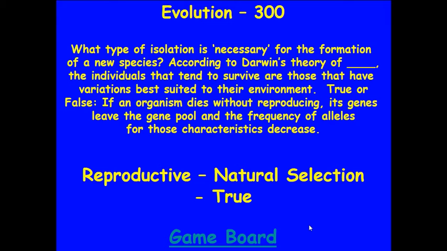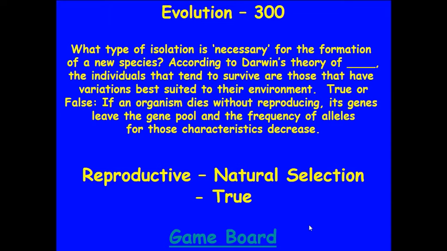Darwin's theory of natural selection indicates that individuals tend to survive if they have the best variations suited to their environment. And then, of course, over many, many generations of natural selection acting on these good characteristics, and acting on the bad ones by not allowing them to survive, it leads to evolution.